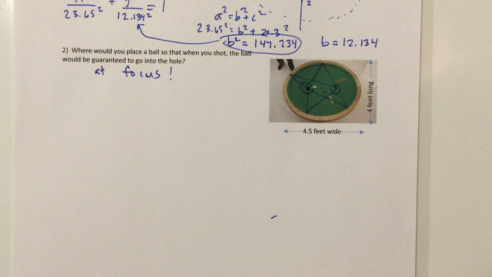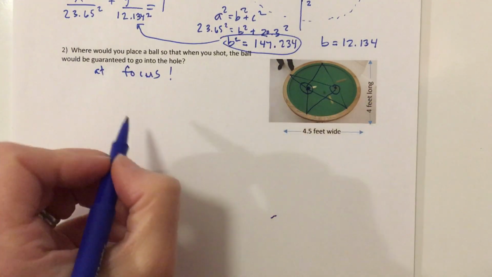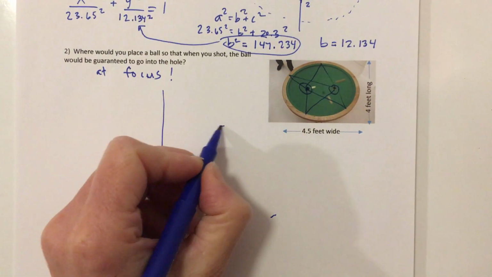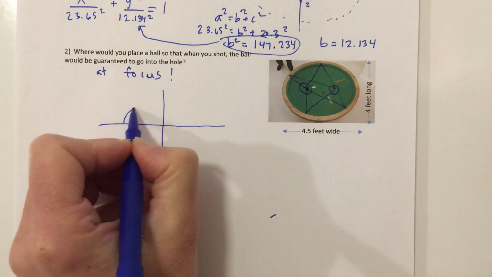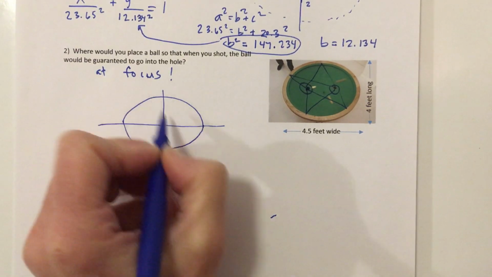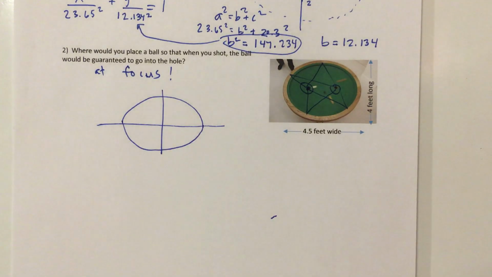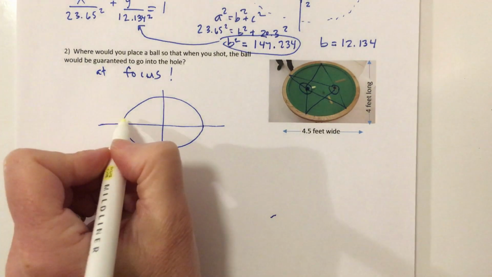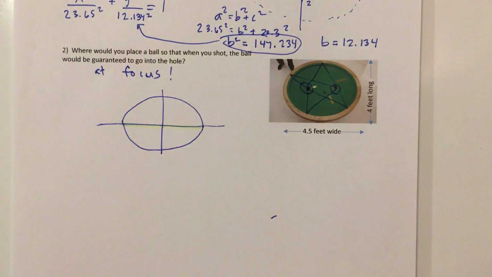So in this problem, it tells you that the pool table is 4.5 feet wide and 4 feet tall or long or whatever. And so what you want to do is redraw your axis like this. Draw yourself a pool table. This whole thing is 4.5.